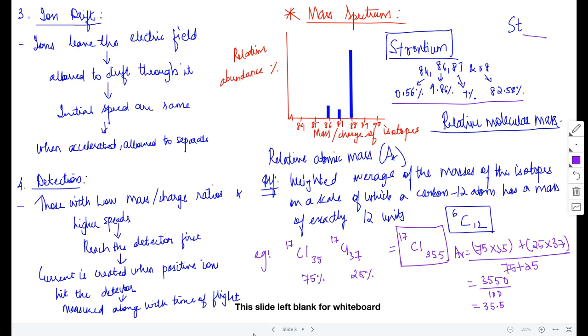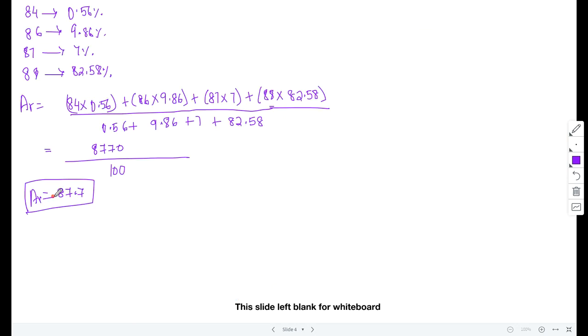You got how we got the value? You said we have to put 82.58, right? But when we took out the average value, what we got was 87.7. Understood what is happening? Yes, I've understood it.